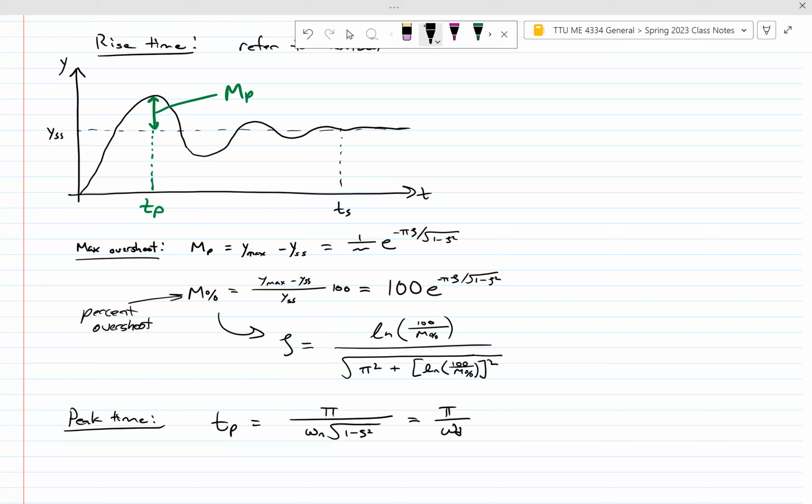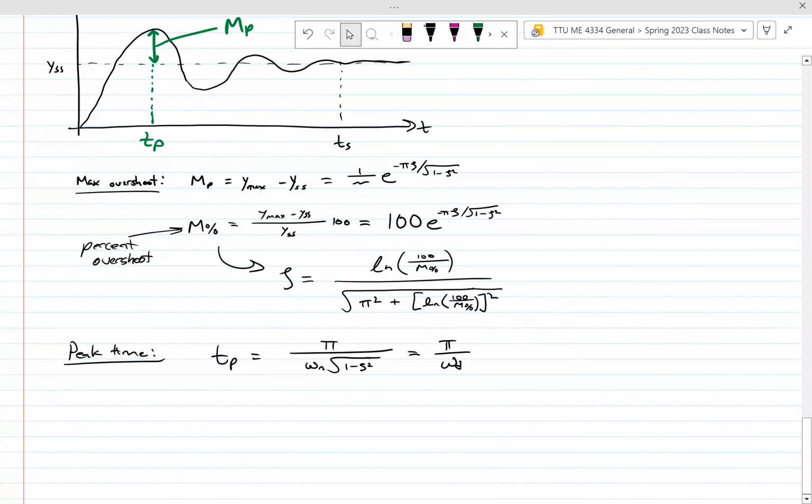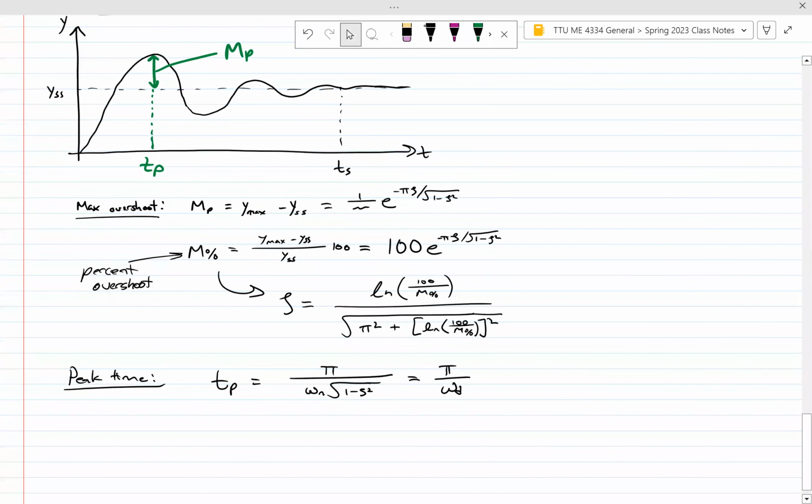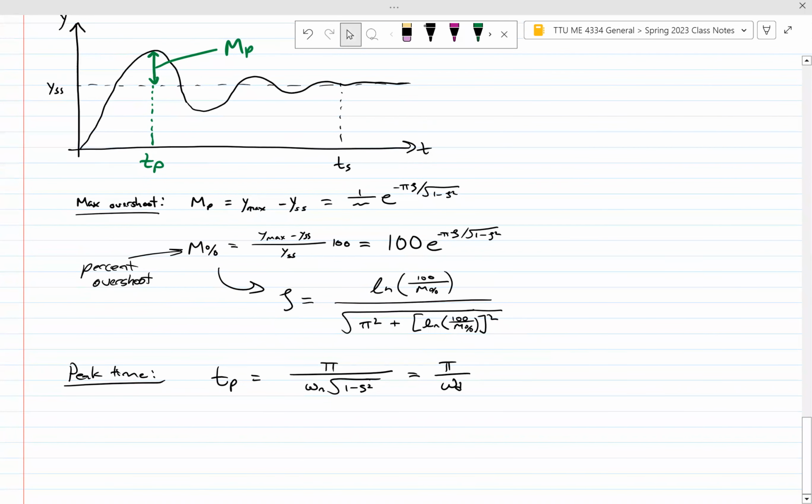Okay? Any questions on this? Super, super important formula here. Going to use it a lot. This one too, actually this one even more so. Any questions? Yes.